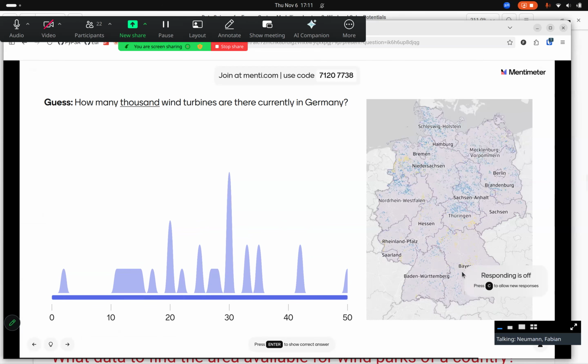Okay, so the correct answer is 29,000. There's 29,000 wind turbines. And you could say it's averaging maybe at 2.5 to 3 megawatts, then we're roughly at 90, or a little bit less than 90 gigawatts of wind turbines.